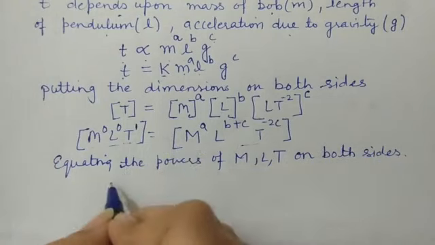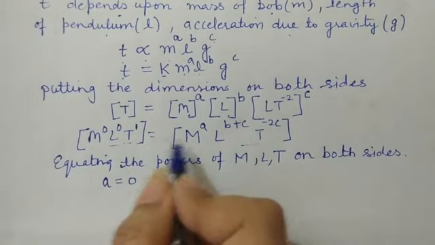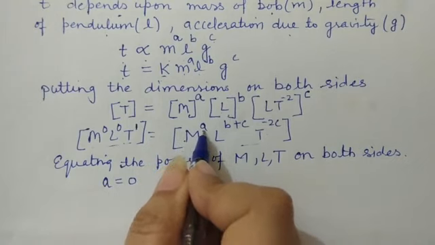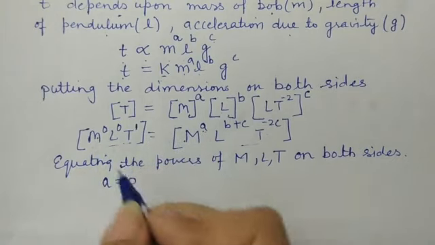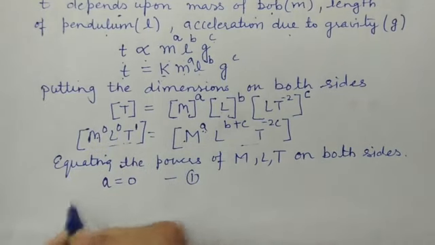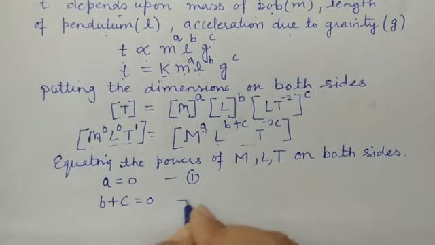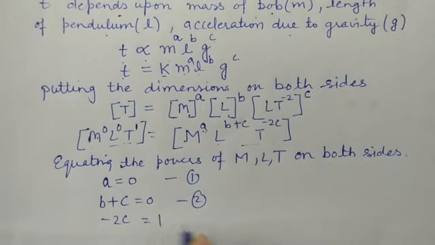The power of M on the right is a and on the left is 0, so a is equal to 0. This is my first equation. Then for L, b plus c equals 0, and for T, minus 2c equals 1. So these are three equations.